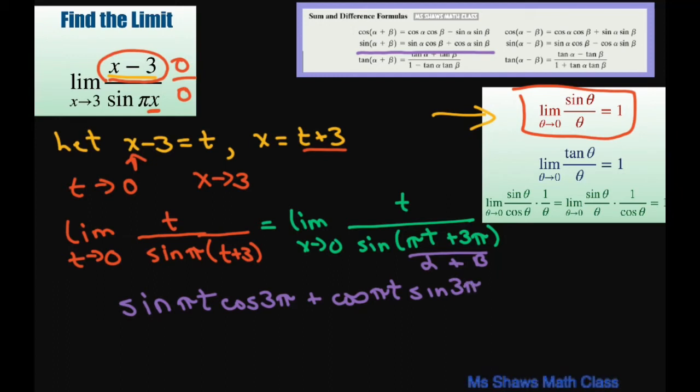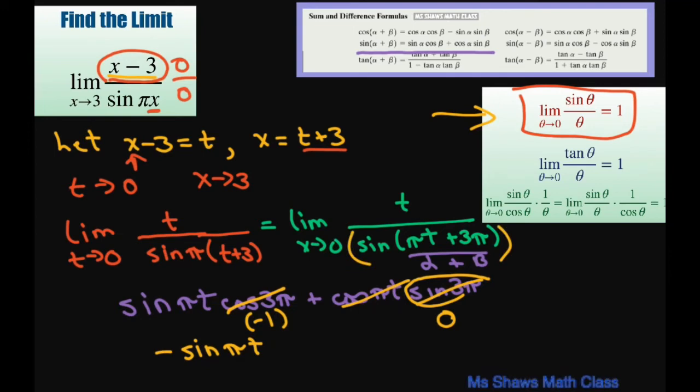That's going to give us cosine of 3 pi is negative 1. So that's going to be negative sine of pi times t. Sine of 3 pi is 0, so that knocks that out.